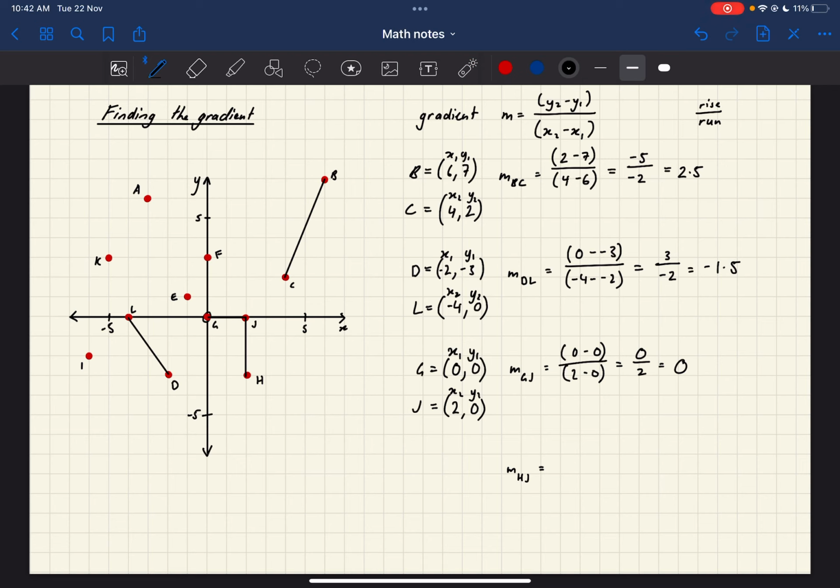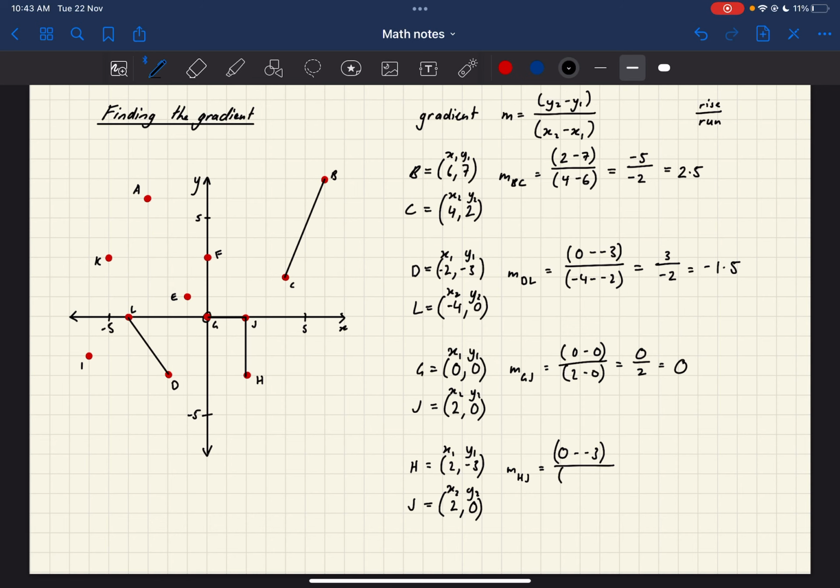Our last one is HJ. So find the gradient of HJ. H has the coordinates 2, minus 3, and J has the coordinates 2, 0. Put that into our formula. We've got y2 minus y1. Oh, sorry, I have to label the points first. 0 minus negative 3.